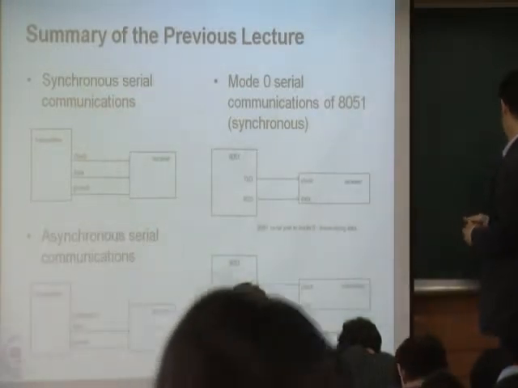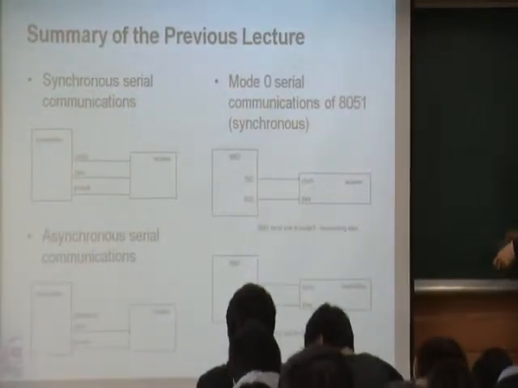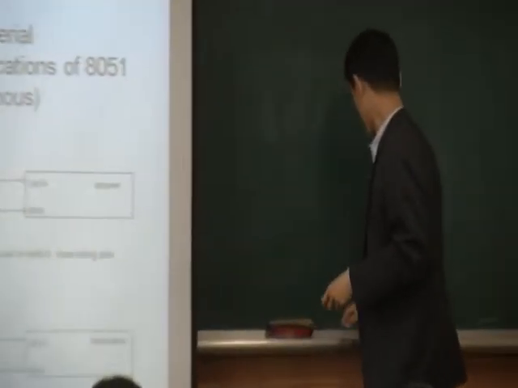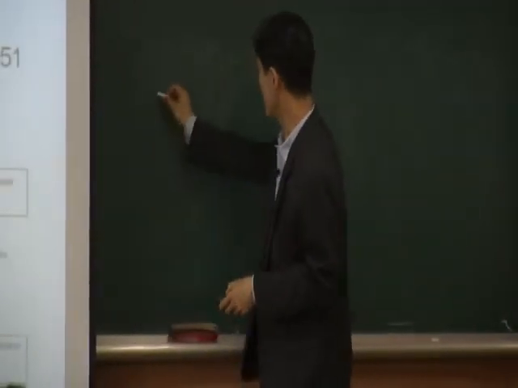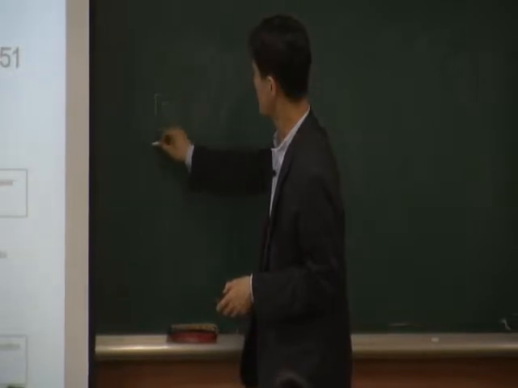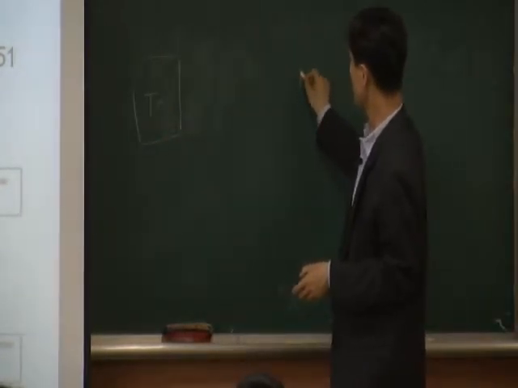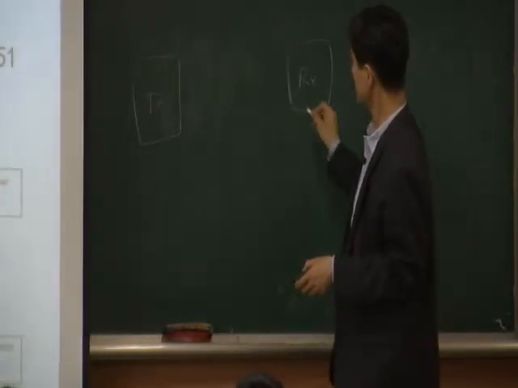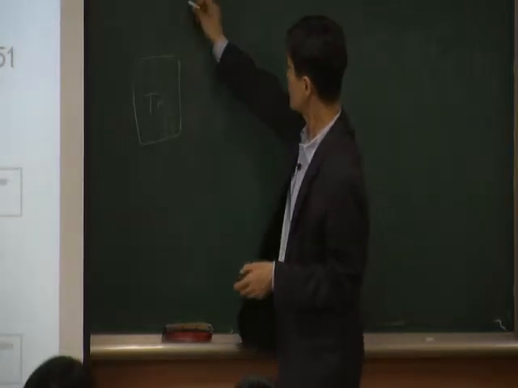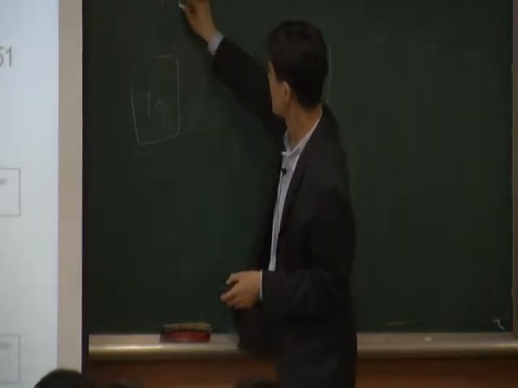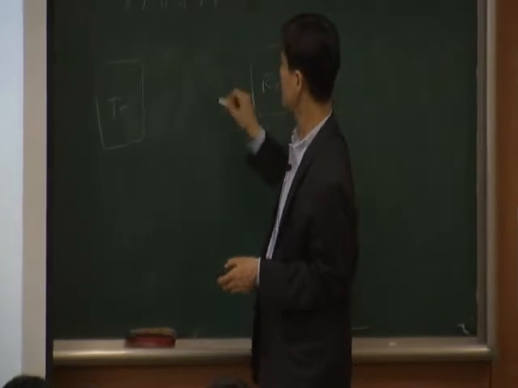However, the problem in asynchronous serial communications is that we have no clock. As I said last week, let's say we have a transmitter and a receiver, and the transmitter wants to transmit 110011.